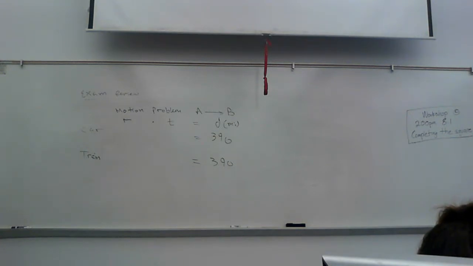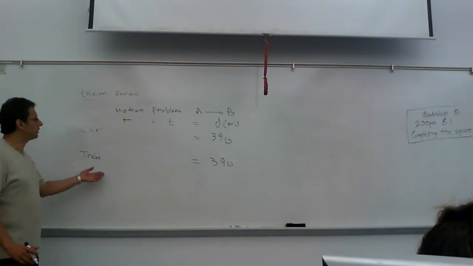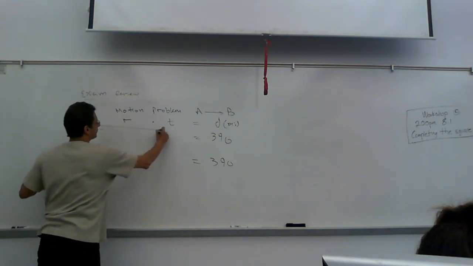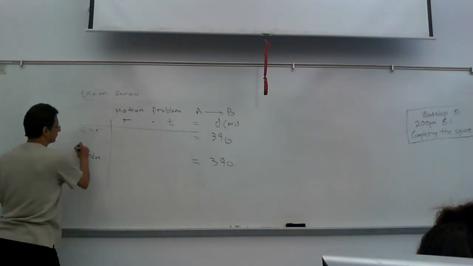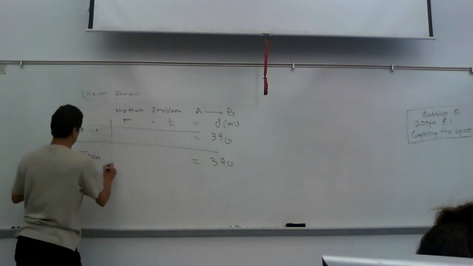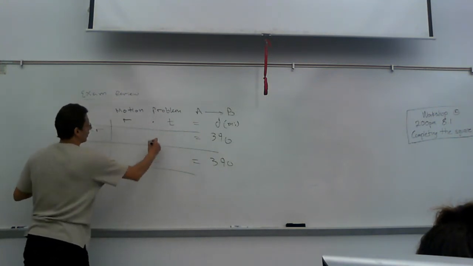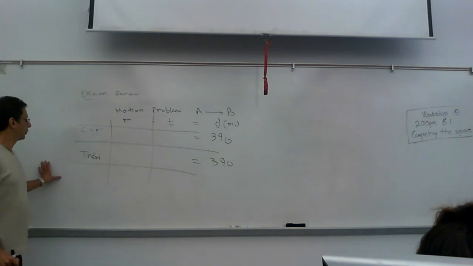So, here's the thing, one more time. If the speed of the car averages twice the speed of the train, okay? So, what is the speed of the train and car?